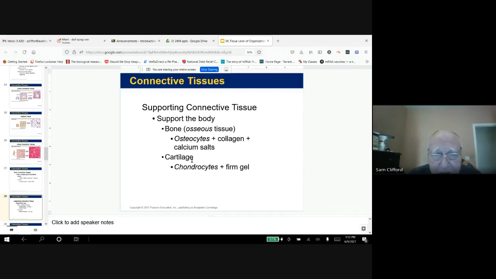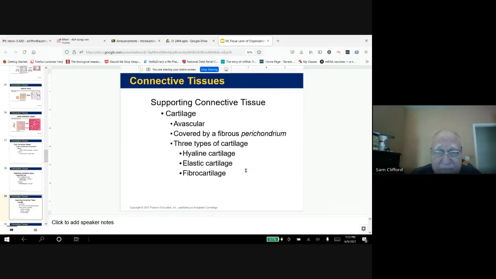That's cartilage. Osteocytes make collagen, deposit calcium salts. Chondrocytes make the fibers and a firm gel, the extracellular matrix. So cartilage doesn't have any blood supply. It has a membrane called the perichondrium.